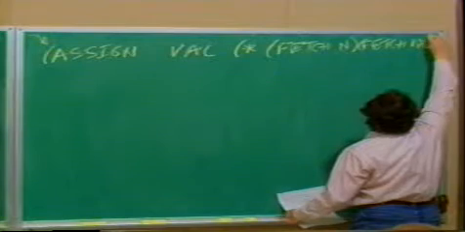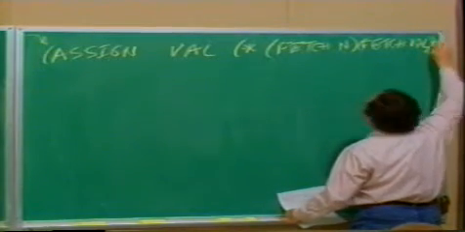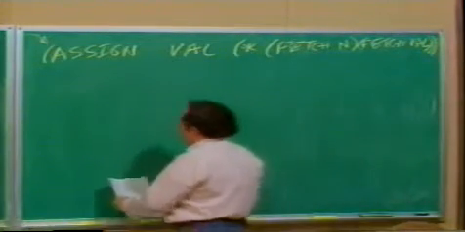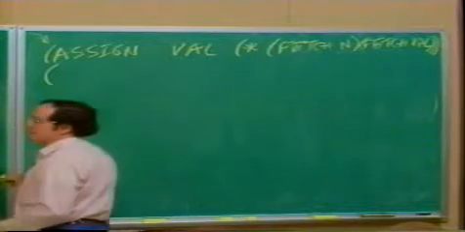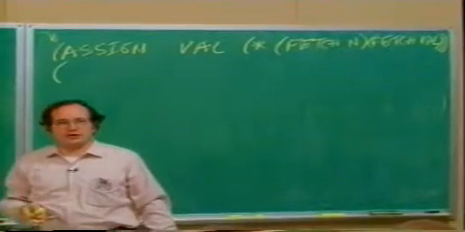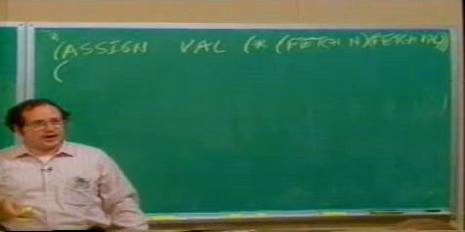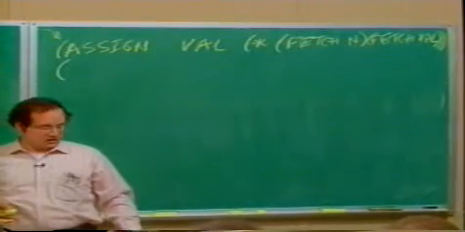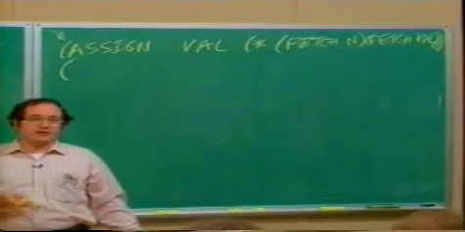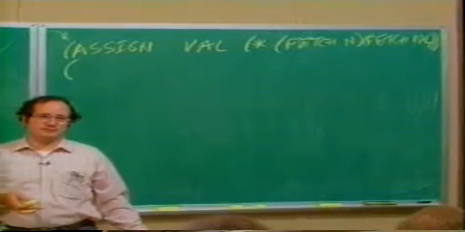And then I will be done. I will have my answer to the subfactorial in val. At that point, I'm going to return by going to the place where the continuation is pointing. That says go to fetch continue.